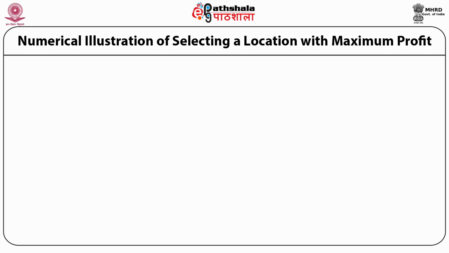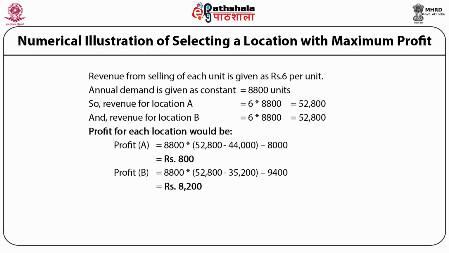From the data given, revenue from selling of each unit is rupees 6 per unit. Annual demand is constant at 8,800 units. So total revenue for location A would be 6 into 8,800, that is 52,800. And revenue for location B would be 6 into 8,800, that is 52,800.